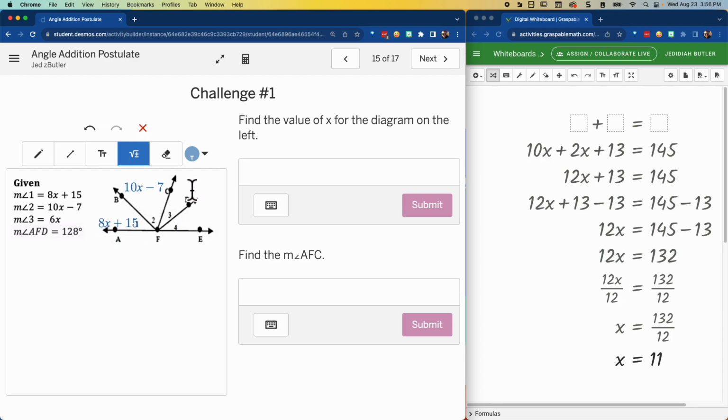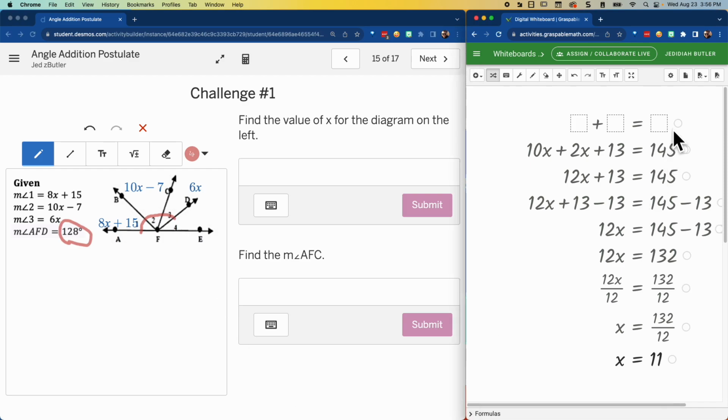Angle 3 is 6x. Okay. And, ooh, this is interesting. AFD. So AFD, those three angles put together, let's use a red line. So the total thing is going to go across all three of those.